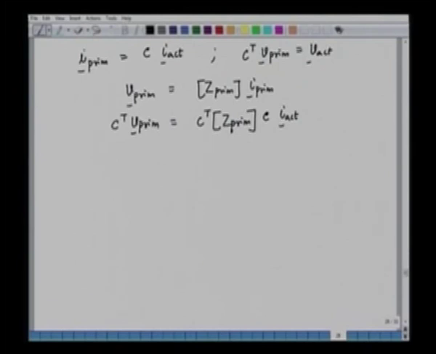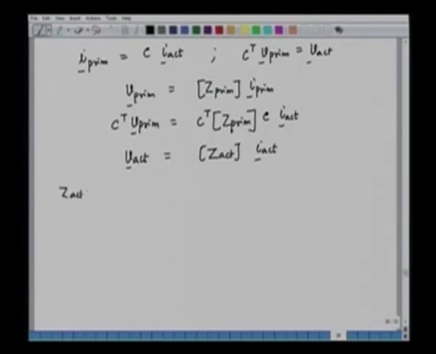So this equation will give us the equation with actual variables, because C transpose V primitive is V actual. V actual is equal to Z actual into I actual. So Z actual in this case is C transpose Z primitive into C.